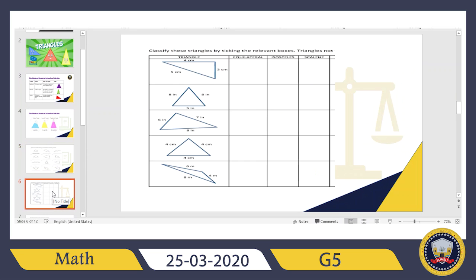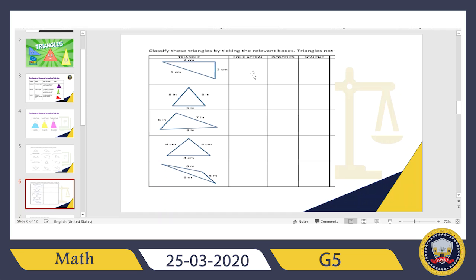Let's go to other exercises. Here is the question: classify these triangles by ticking. You're just going to tick, yani, the relevant boxes. Yani, if it is equilateral, you just put a tick here, or here, and so on. So the first triangle: the first side equals 3 centimeters, the second 5 centimeters, and the third 4 centimeters.